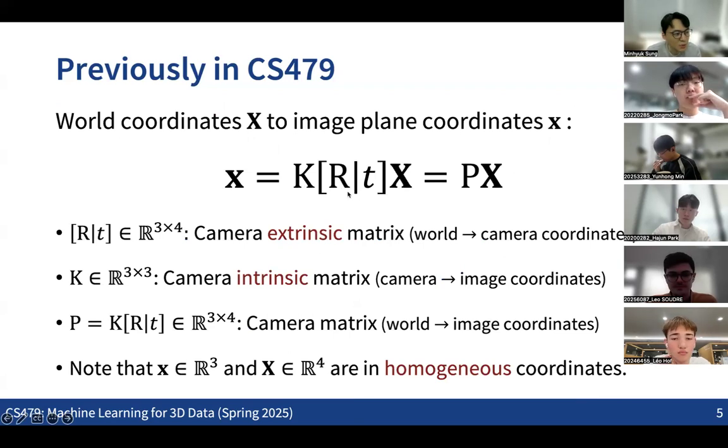So we have the rotation part here, which is a 3x3 matrix. R represents the rotation in 3D space, and T is the translation, also in 3D space. So this is 3x3 and 3x1. So the extrinsic matrix becomes a 3x4 matrix, and we also have another 3x3 matrix, which is the intrinsic matrix. Right?